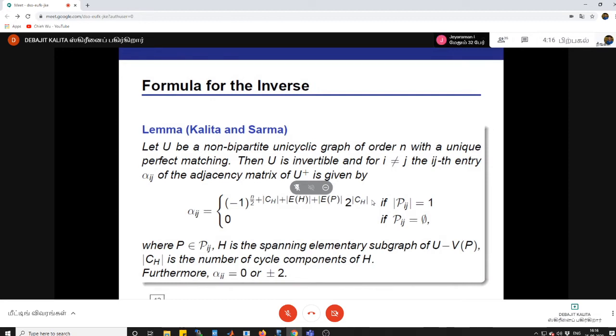Whereas the adjacency matrix is just a 0-1 matrix. Sometimes the diagonal entries alpha ii can also be non-zero. That is also a possibility, so we have to discard those non-zero diagonal entries in our next discussion.